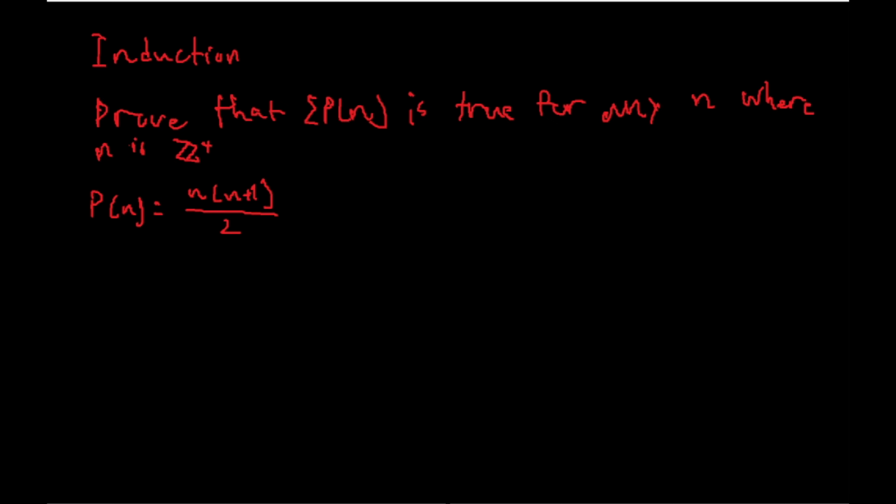So when you're doing induction, the first thing you want to do is prove that this statement is true for the base case. And what I mean by the base case is you want to prove that it's true for 1. So you'll have Pn equals 1 times 1 plus 1, divided by 2.